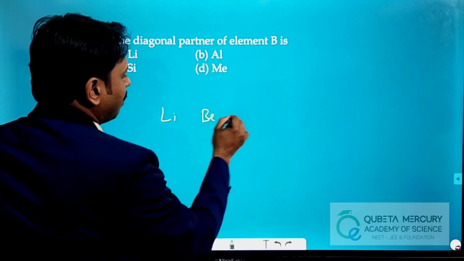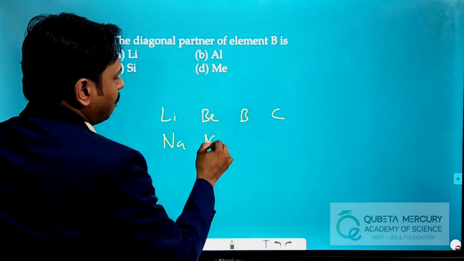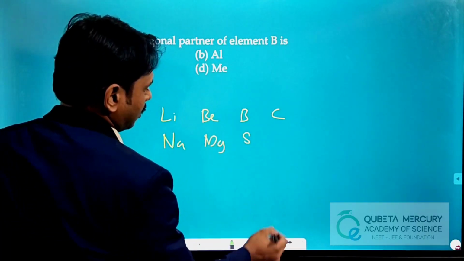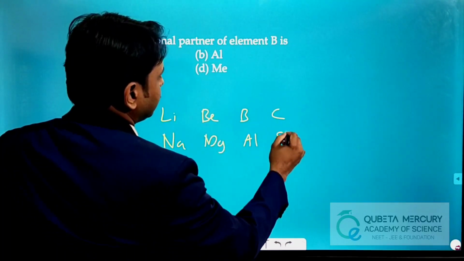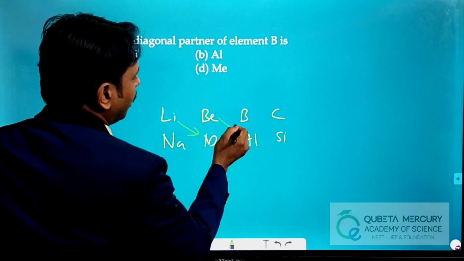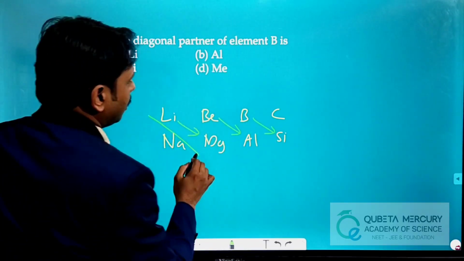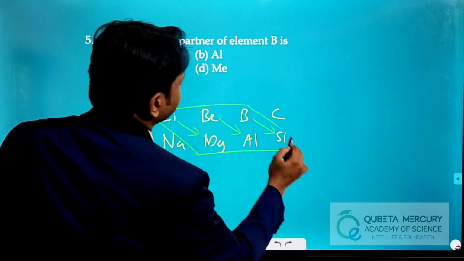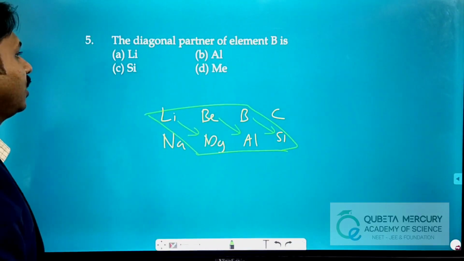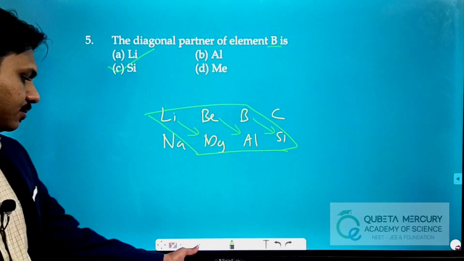Lithium, beryllium, boron, carbon, sodium, magnesium, aluminum, silicon. Here the relations are found between lithium and magnesium, beryllium and aluminum, boron and silicon. So these are the anomalous diagonal pairs. In this question, only boron is given. The right option is silicon.